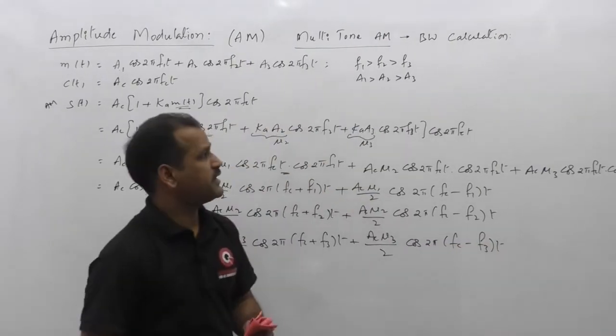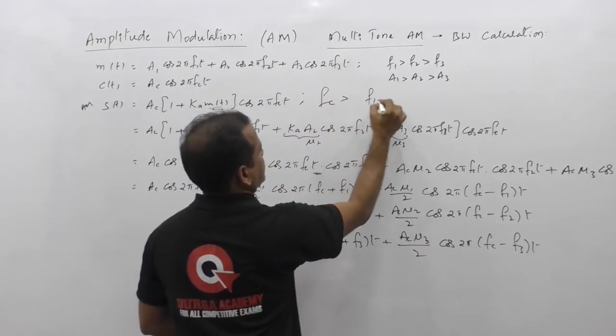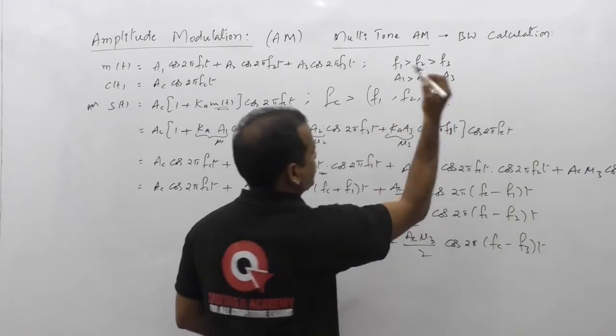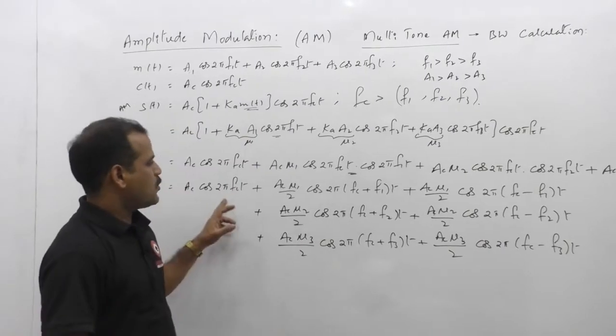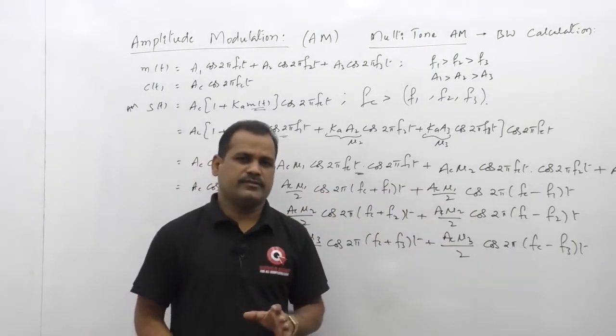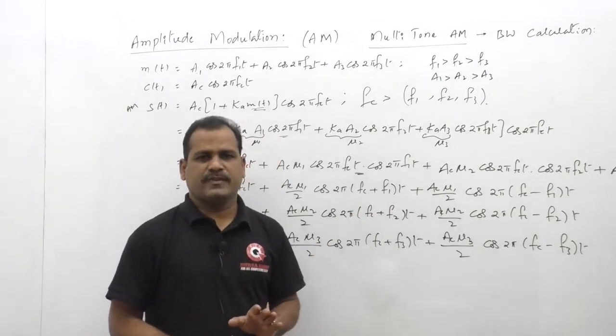Observe that we have taken the carrier frequency greater than f1, f2 and f3, so that we are getting totally 1, 2, 3, 4, 5, 6, 7 individual cos terms. For each cos term we will get 2 impulse functions in the spectral diagram.